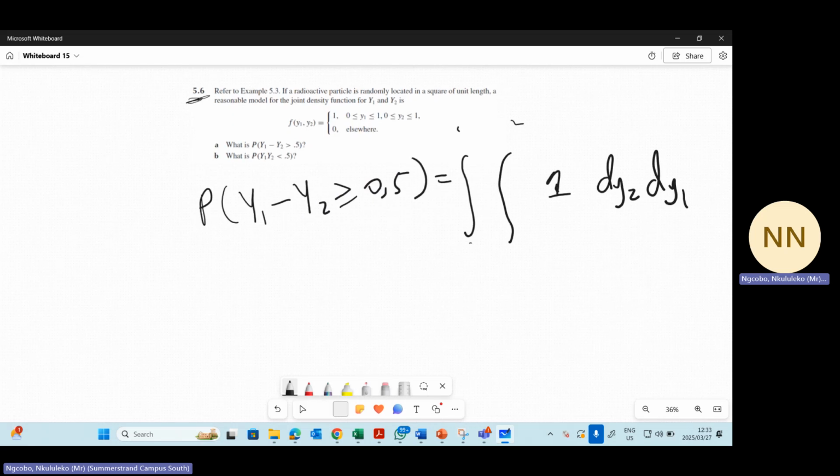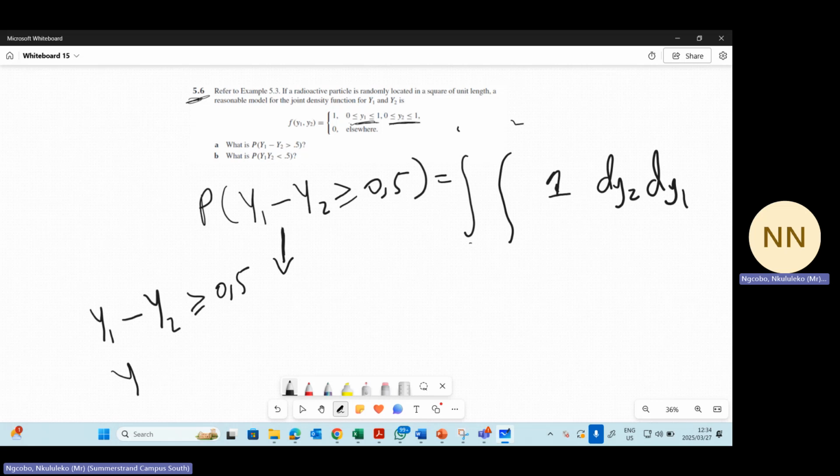Now, if you look here, you're being told that y1 is greater than or equal to 0 and less than 1, and y2 is also greater than or equal to 0 but less than 1. So the region where you want to find the probability is where y1 minus y2, both regions subtracted from each other, is greater than or equal to 0.5.